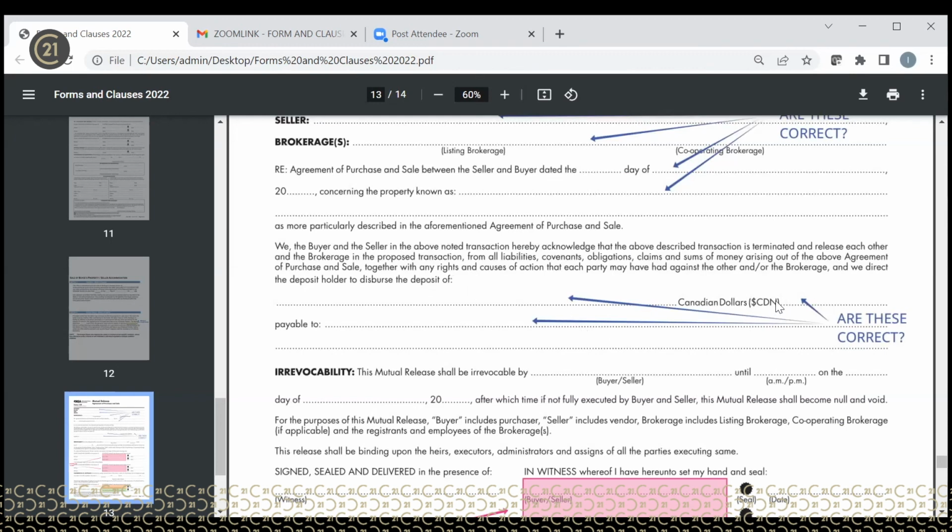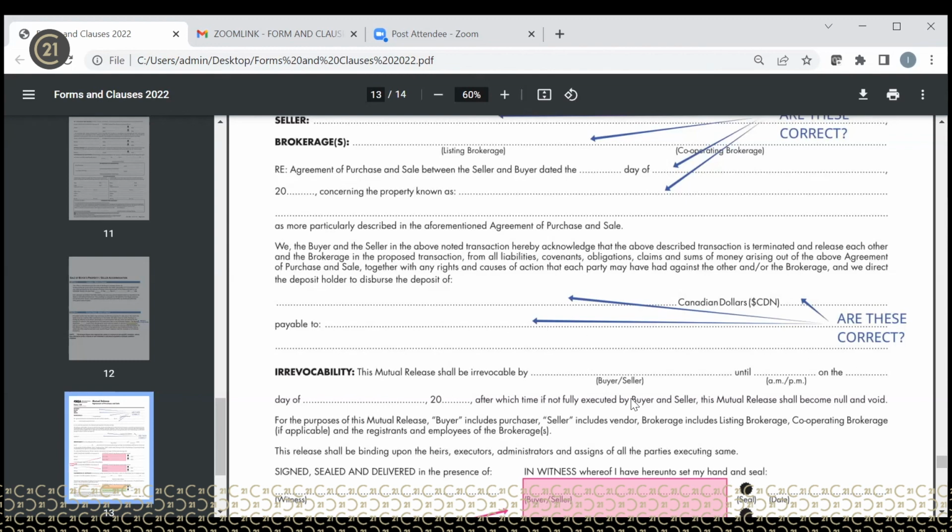We've seen where a deposit has never been received, but the deposit amount is in here and still payable. You need to know who it is payable to, not just buyer or seller. Try to be specific. And just make sure when you're reviewing your mutual releases that all of these are correct.